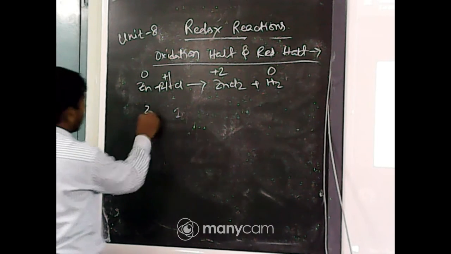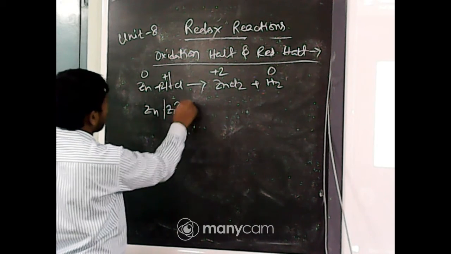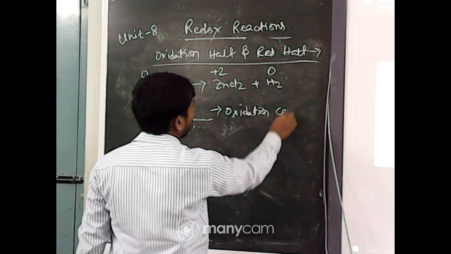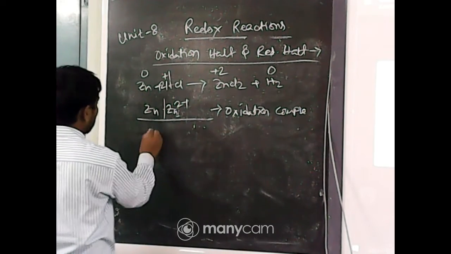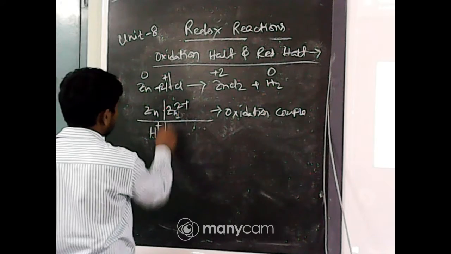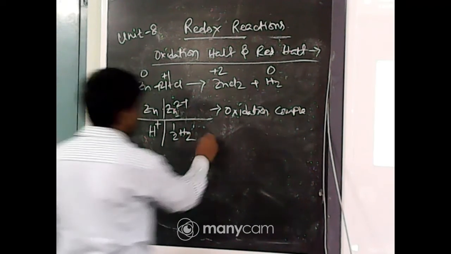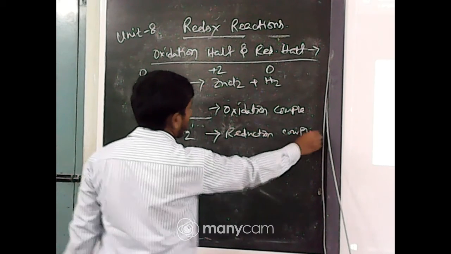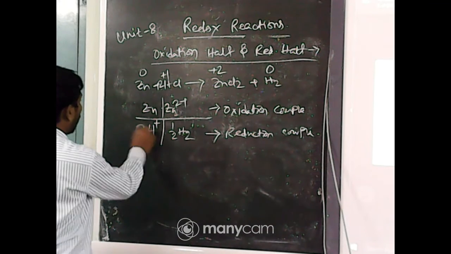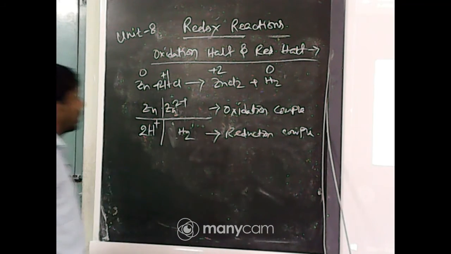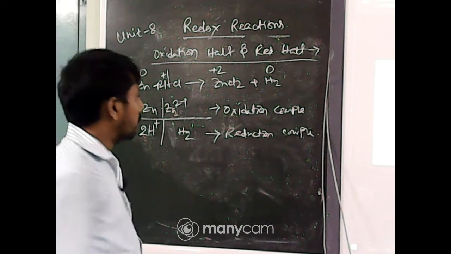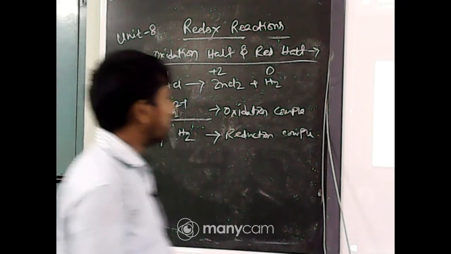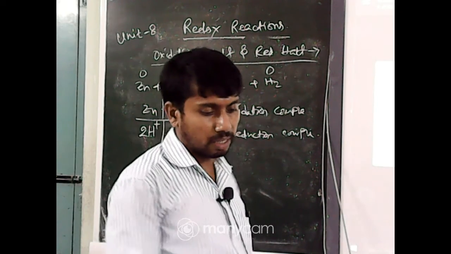Now this couple, Zn to Zn2 plus, is called the oxidation half or oxidation couple, right? And H plus to half of H2, or you can write 2H plus to hydrogen, is called the reduction couple. These are also called half reactions, that is the oxidation half and the reduction half, and both of these combine to make the overall reaction.